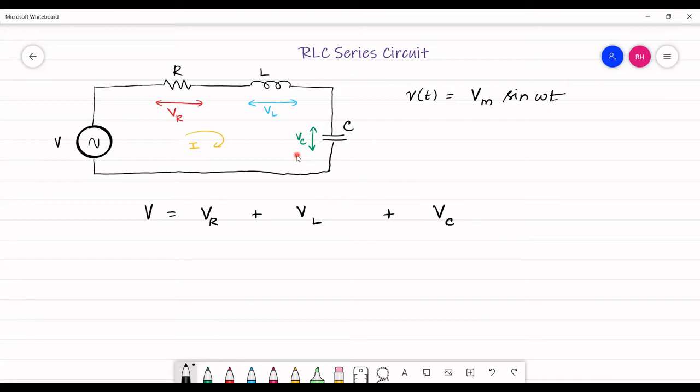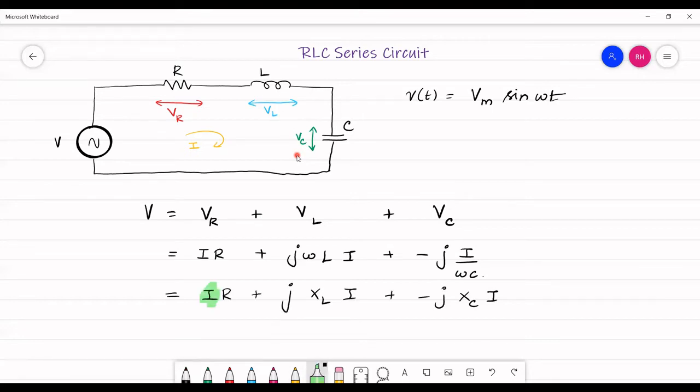And we are familiar with analyzing the resistive, inductive and capacitive circuits separately, and hence VR is written as I into R and VL is J omega L into I, and VC is minus J I by omega C, where omega L is written as XL and 1 by omega C is written as XC.